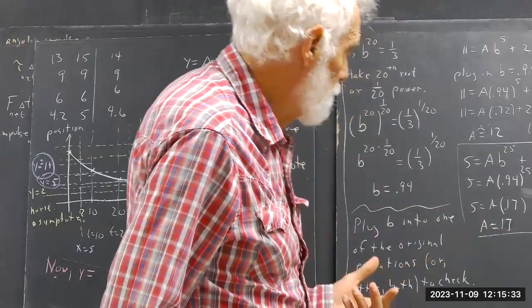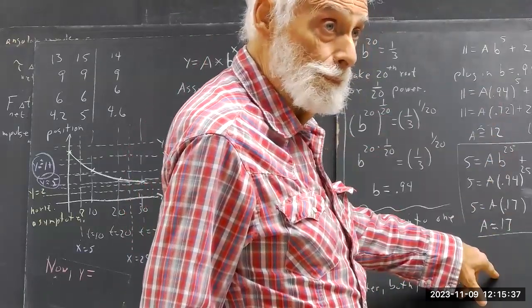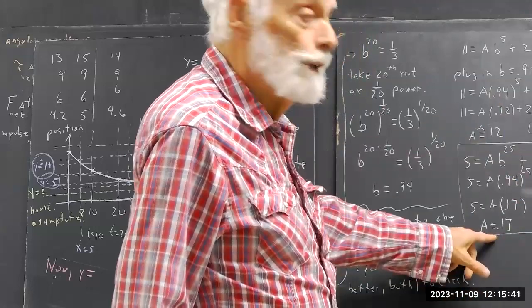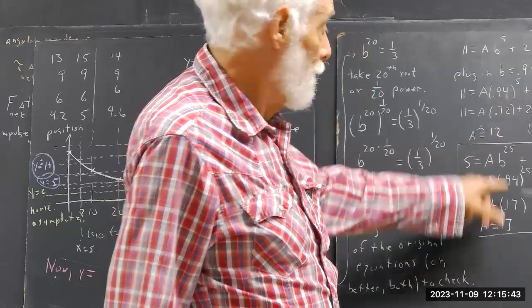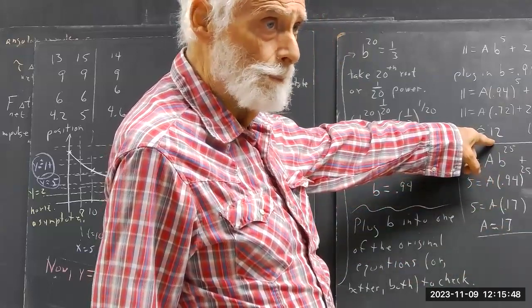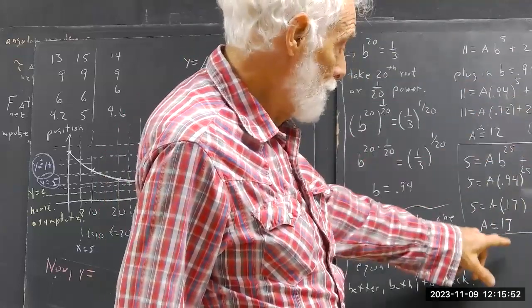The point I'm trying to make here is that if you use a rounded value, it's going to tend, when you get the higher powers, to screw things up. Okay, this is pretty close to what you got. You got like 11.8 or something. Okay, and that was great.